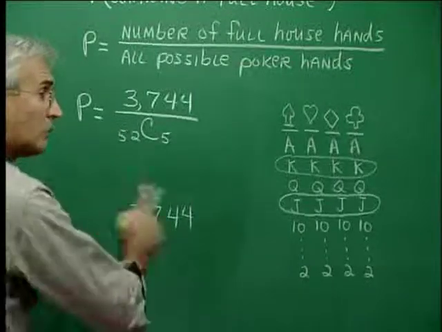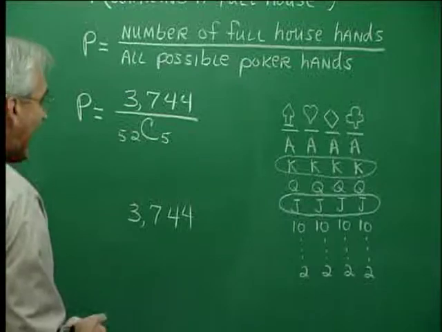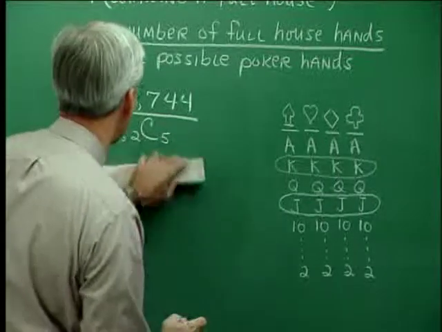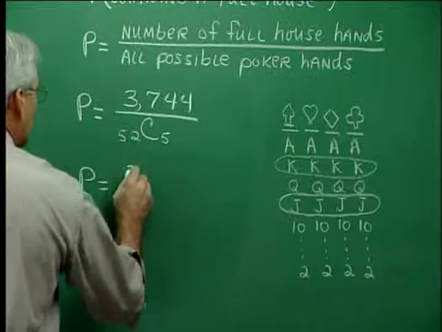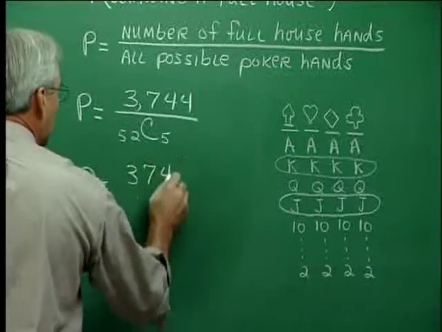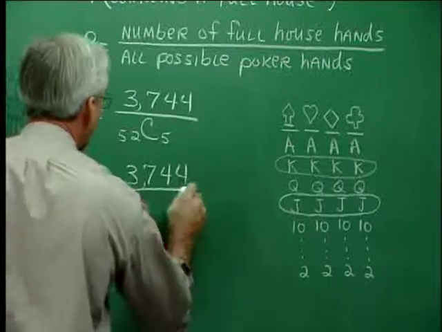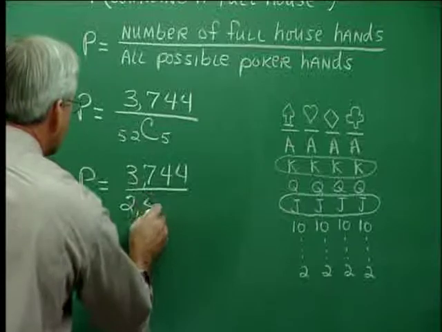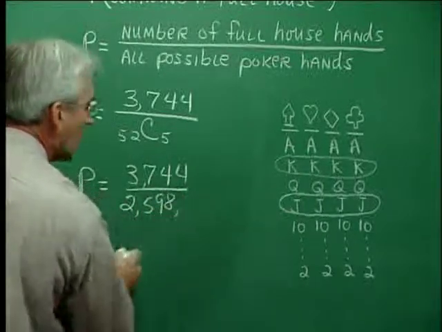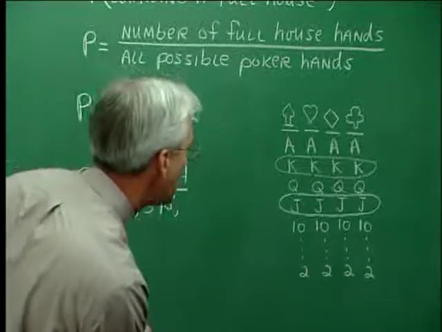How many groups of 5 are there in 52? And that number is incredibly large. It turns out to be in the millions: 2,598,960, I think it says. I have it written off camera, so I'm looking over and reading it.